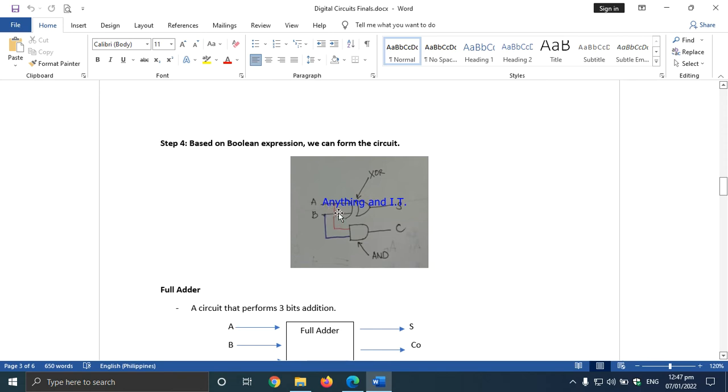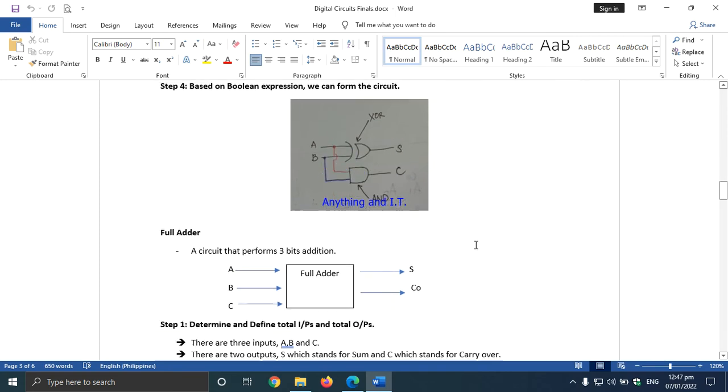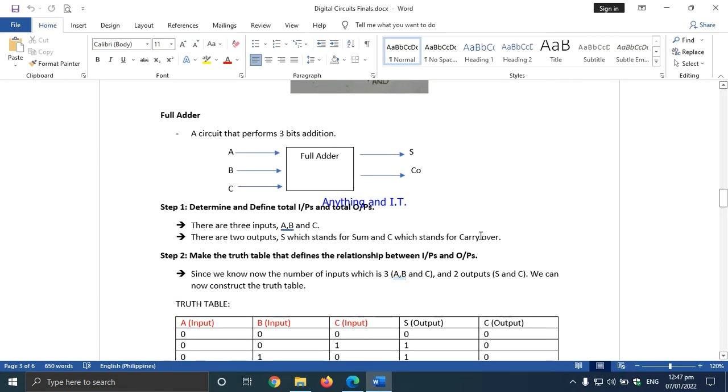Just take note that when we draw, the A going to the AND gate should not touch the line of input B. So, this is our circuit for the half adder. So, if there's a half adder, there's also a full adder.